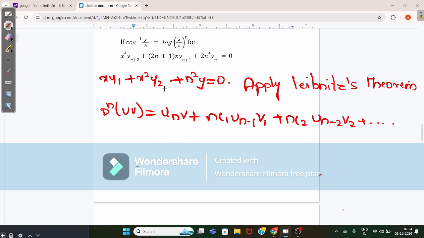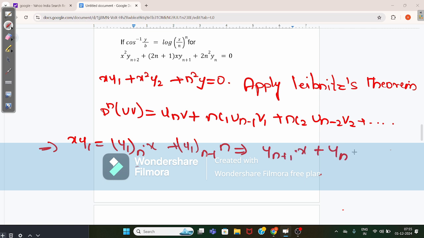Now apply this equation for this, which gives the value here for xy1. I am applying for xy1. This gives the value y1 into n x plus y1 n minus 1 into n. That implies y_(n plus 1) into x plus y_n into n.